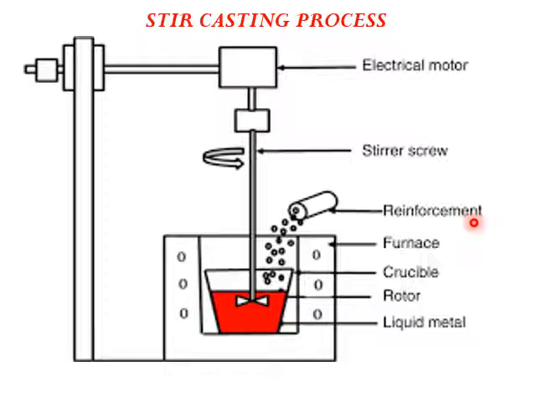The mold cavity is normally preheated in order to avoid a large temperature difference between the pouring crucible and the mold cavity, which may cause a sudden contraction or shrinkage in the final product. This process is employed to produce metal matrix composites.